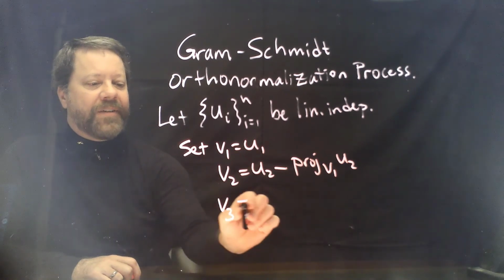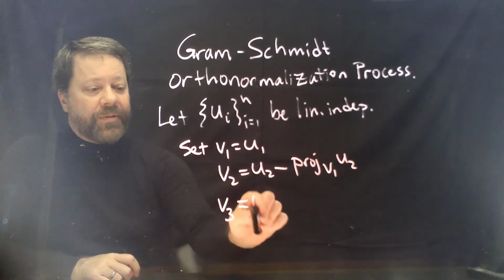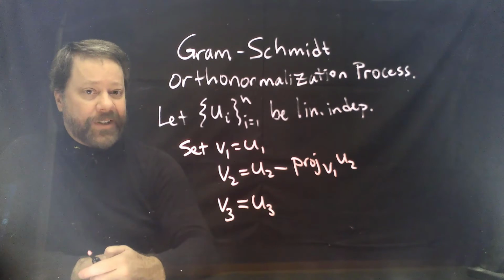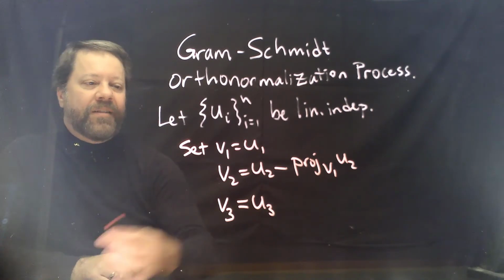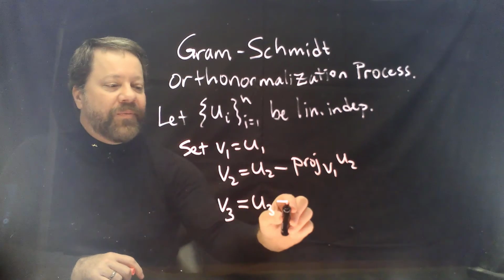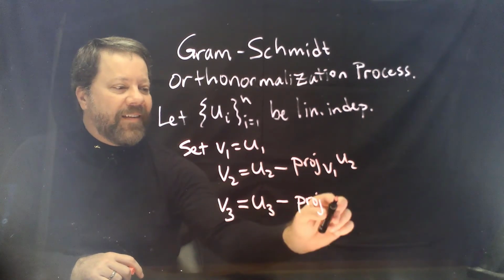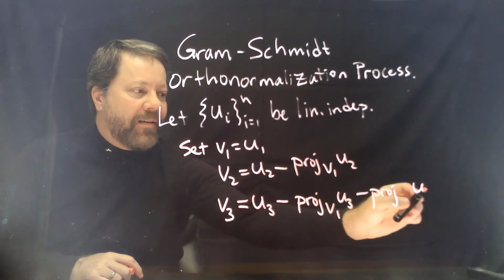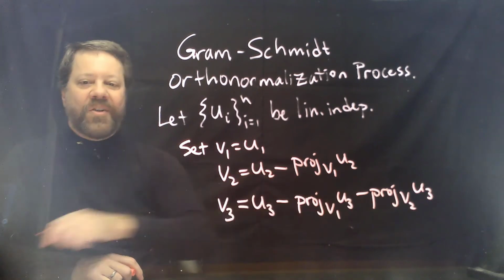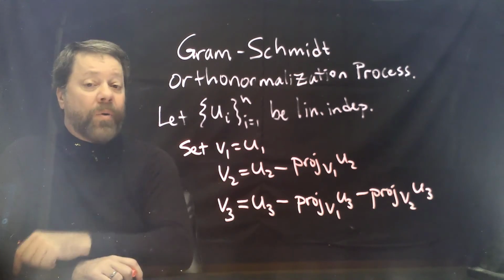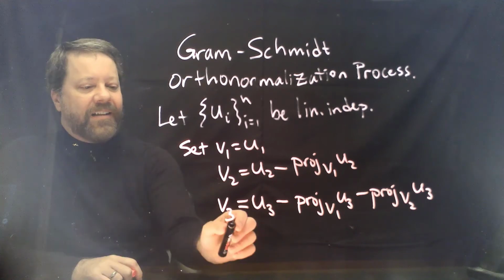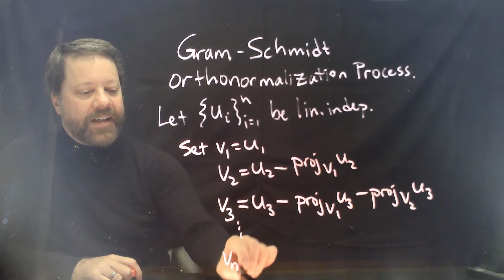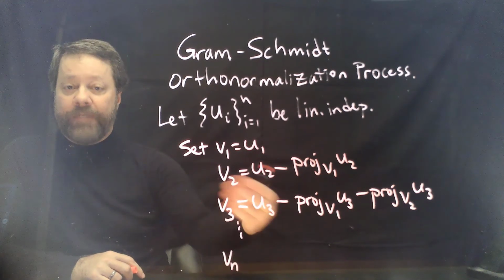How do you get v3? What you do is you take u3, which has to be linearly independent from u1 and u2, so it has to point in an independent direction, but you're going to subtract out the projections onto v1 and v2. So you subtract out projections onto these other two orthogonal directions. You keep on constructing these new vectors by subtracting out projections from the old vectors.